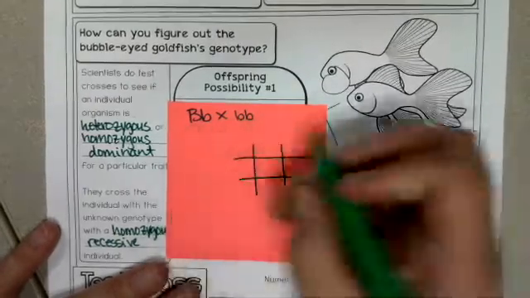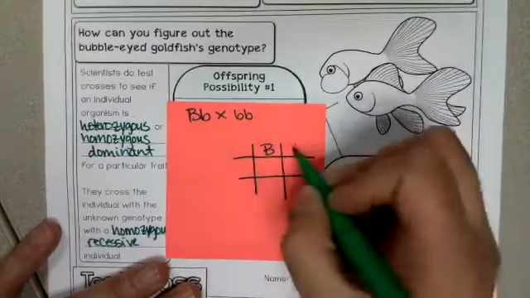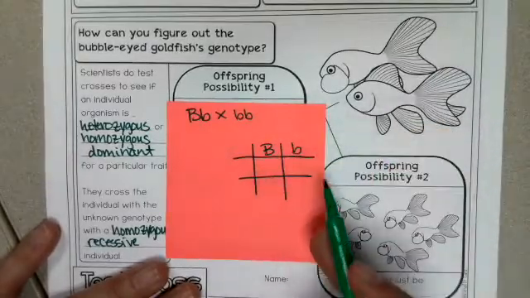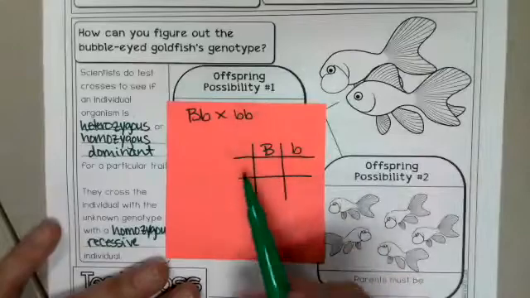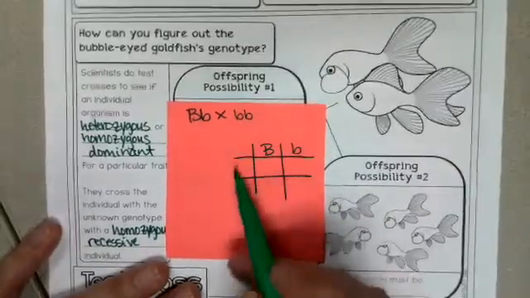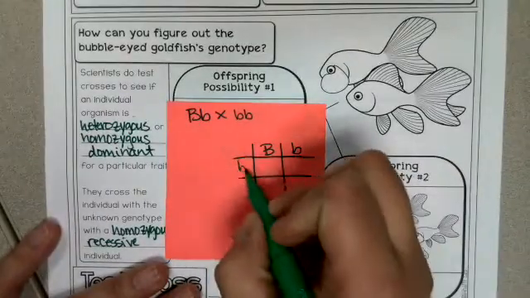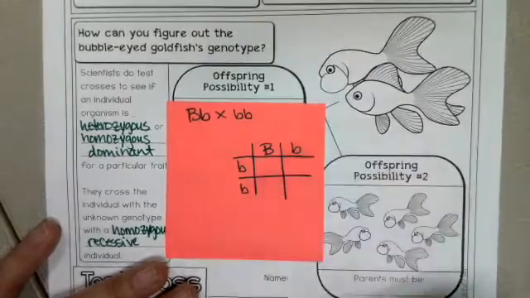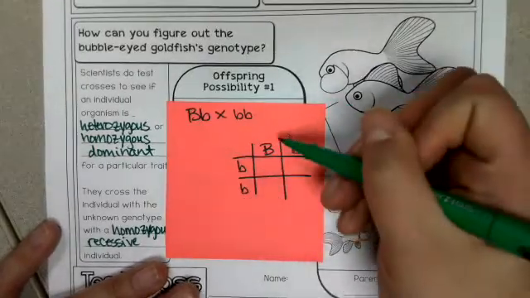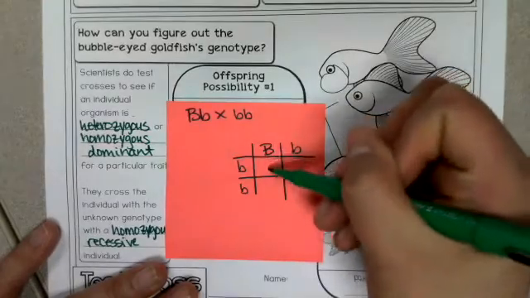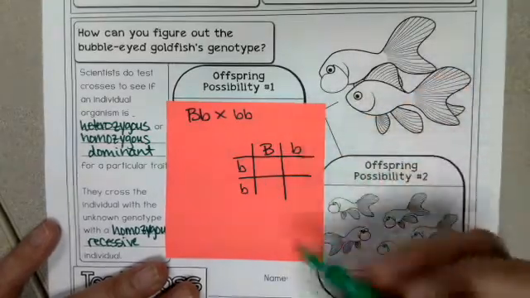So again, we need to split up their alleles. So we're going to have capital B and lowercase b. Then we're going to go to parent number 2, and parent number 2 is going to go down here to the left, and we're going to split up those alleles. So lowercase b. Now, parent number 1, we need to see what parent number 1 is going to be able to donate to baby number 1.